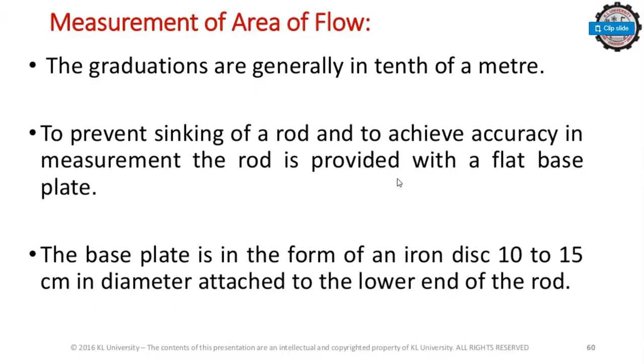The graduations are generally in tenth of a meter. To prevent sinking of the rod and to achieve accuracy in measurement, the rod is provided with a flat base plate. The base plate is in the form of an iron disc 10 to 15 centimeter diameter attached to the lower end of the rod.